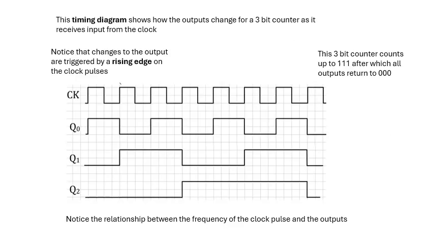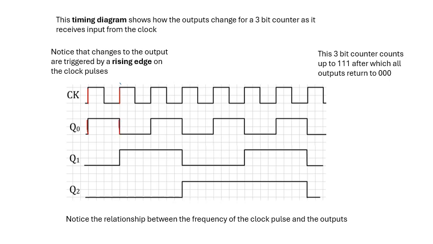This timing diagram shows us how the outputs change as a function of time. This is just a 3-bit counter, so Q0, Q1 and Q2. Now, one thing to notice is that things happen when the clock pulse is on a rising edge. So there's a rising edge and Q0 switches from a 0 to a 1. There's a rising edge and Q0 switches from a 1 to a 0.